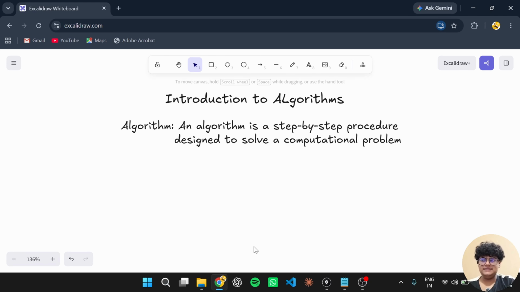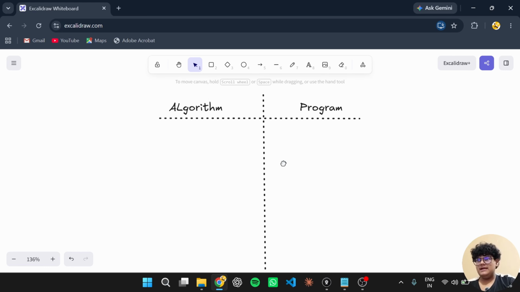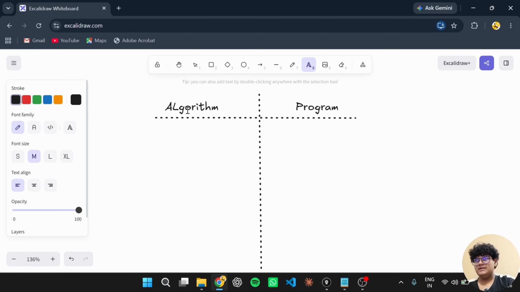Now let's see the difference between an algorithm and a program. The first difference is that algorithms are written during the design phase using simple English language and mathematical notations.